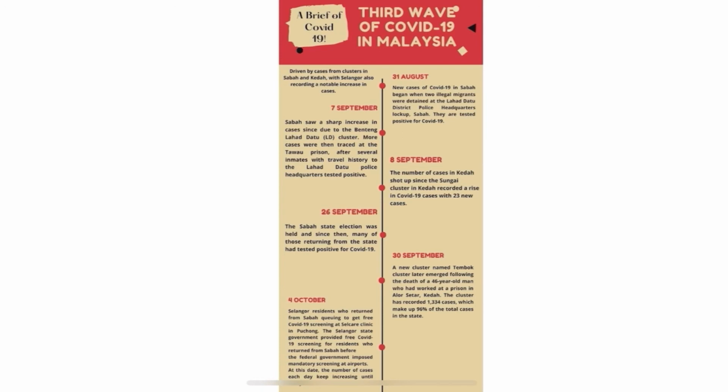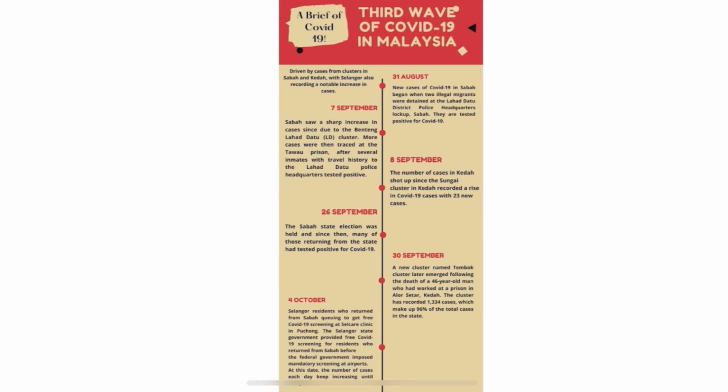members. On 26 September, the Sabah state election was held, and since then, many of those returning from the state tested positive for COVID-19. On 30 September, a new cluster named Tembok Cluster later emerged following the death of a 46-year-old man who had worked at a prison in Alor Setar, Kedah.